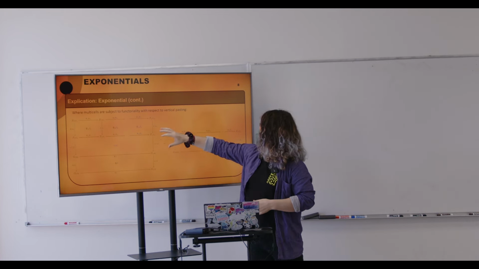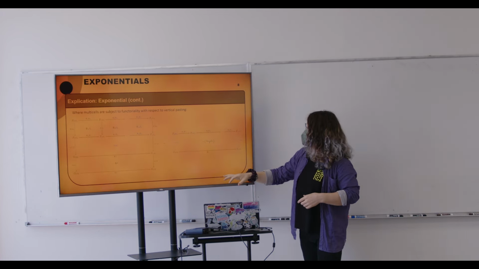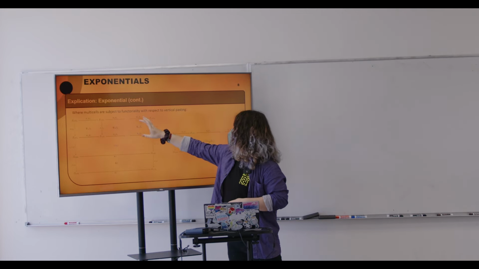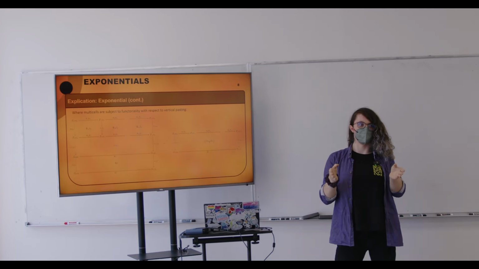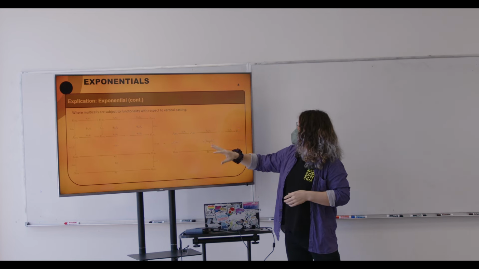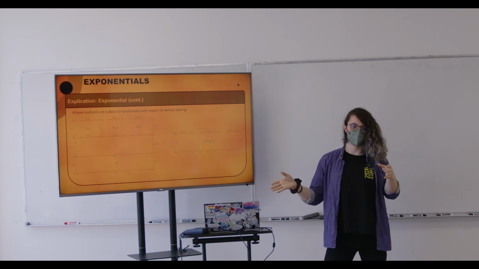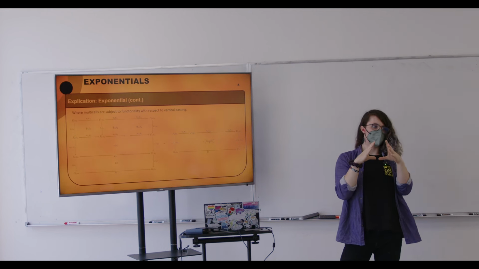Namely, we want to have a kind of functoriality with respect to pasting. And so in particular, all of these are now just unary cells because that's all we can consider in terms of our loose arrows. And all of that data constitutes what would be the exponential if it exists.